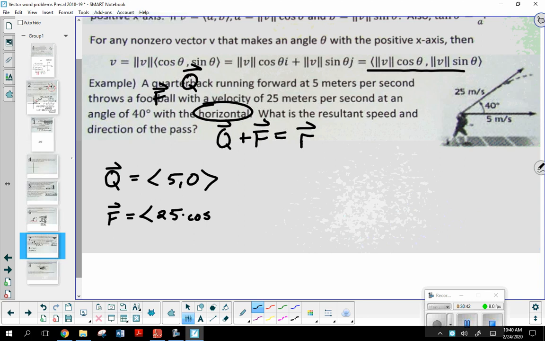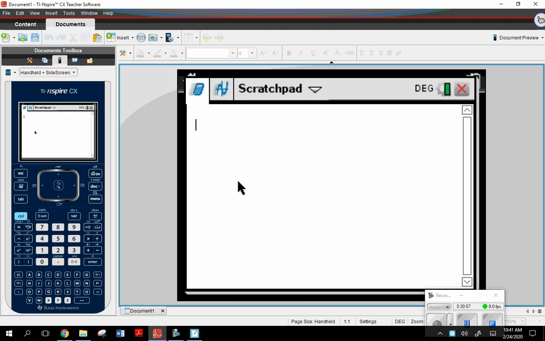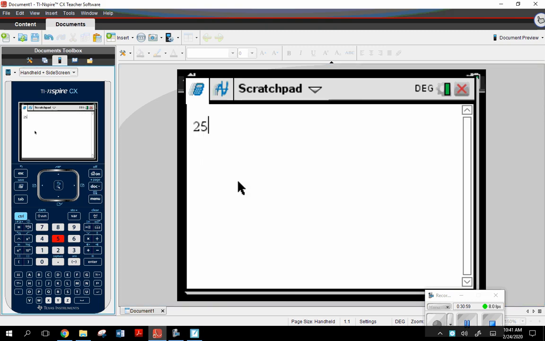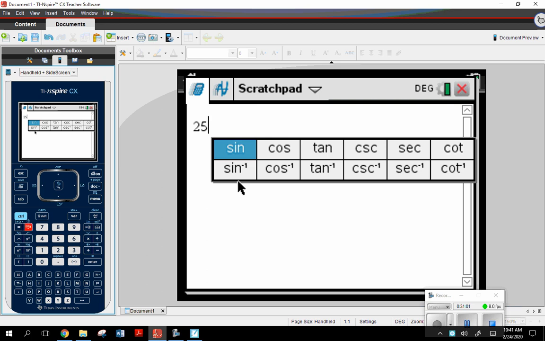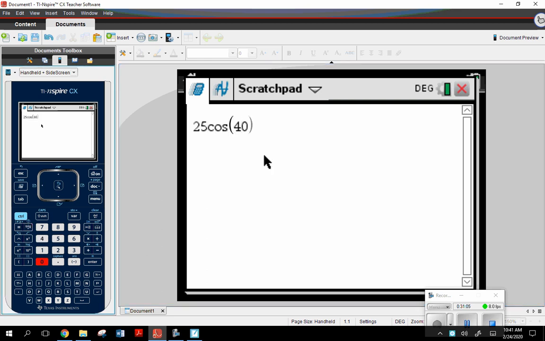So that's going to be 40 degrees, comma. What's the second part of that? 25 sine of 40 degrees. There we go. And let's go ahead and see what those come out to be. Let me get rid of these. So we have 25 meters per second times the cosine of 40 degrees.